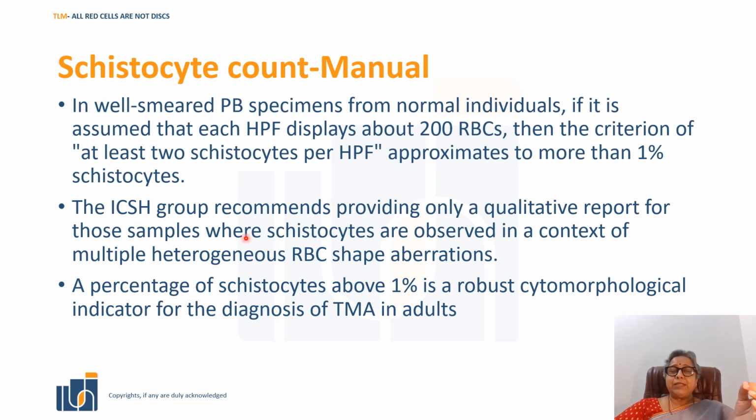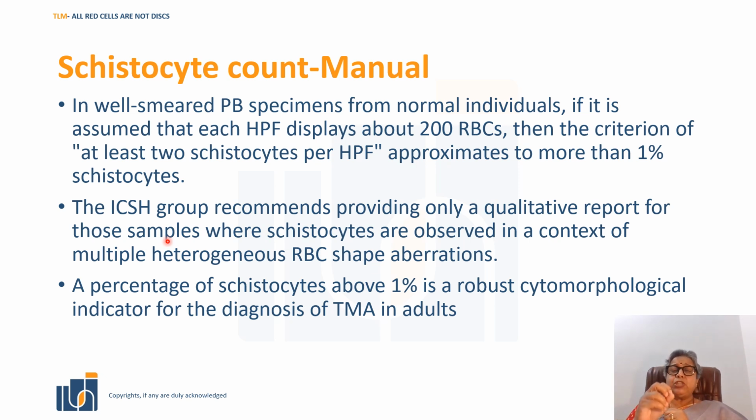Now again, the ICSH group recommends providing only a qualitative report for those samples where schistocytes are observed in a context of multiple other poikilocytes. So if you also find echinocytes, target cells, or spherocytes, then you will say schistocytes are also seen. But if you're only finding schistocytes with occasional spherocytes, then you will give a quantitative report.